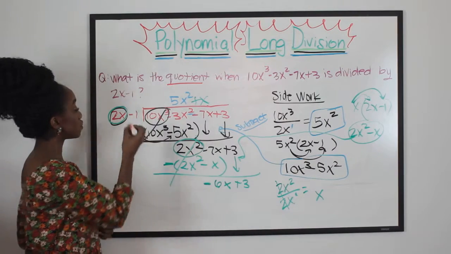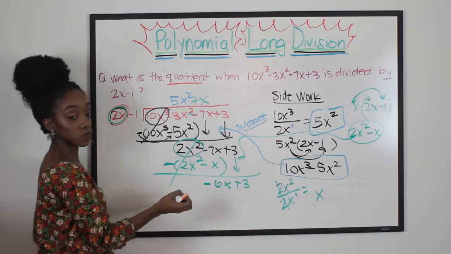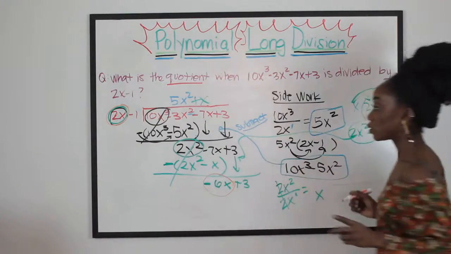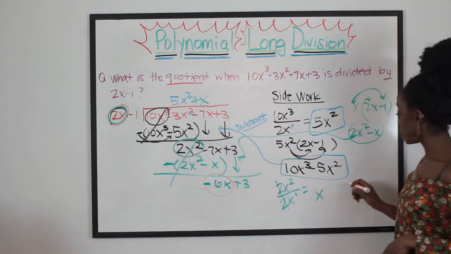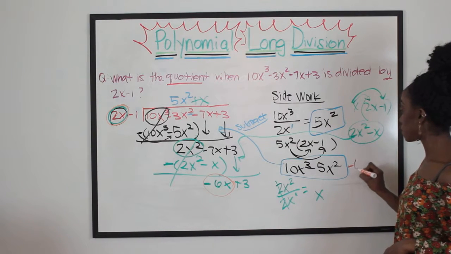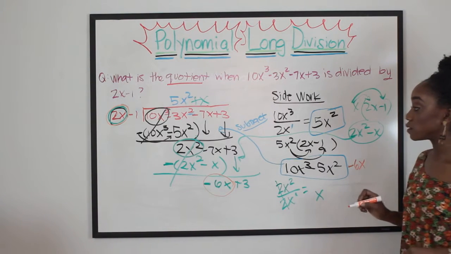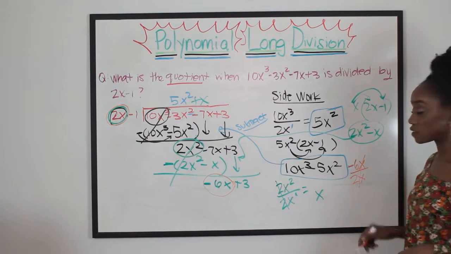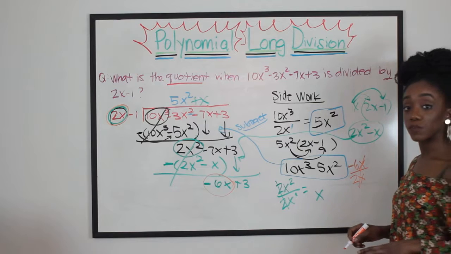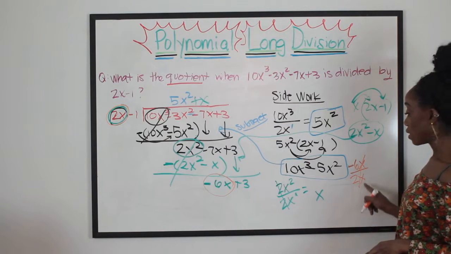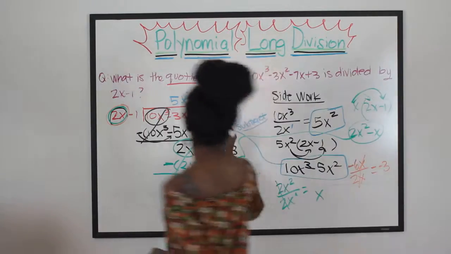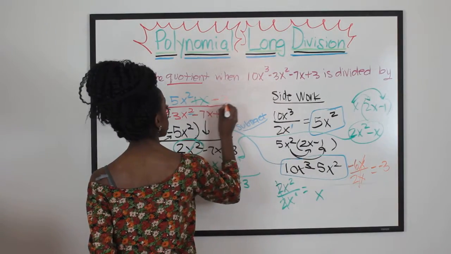I'm going to do the first term into the first term. And what do I get? Gotta go to my side work over here. I'm going to have negative 6x divided by 2x. In this case, these x's cancel, and I'm left with negative 3. So I take this negative 3, put it up here.